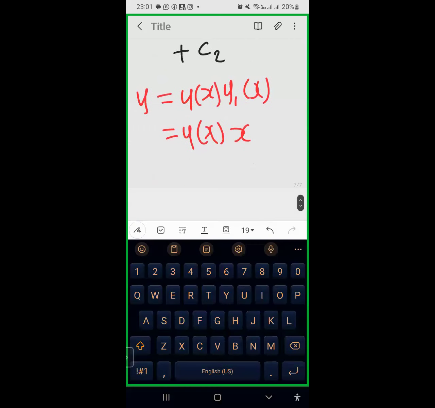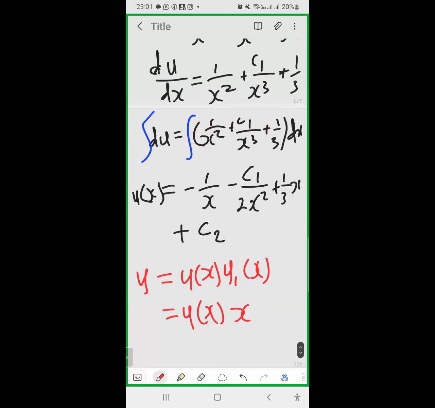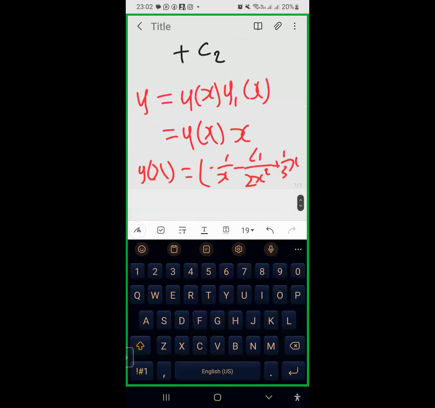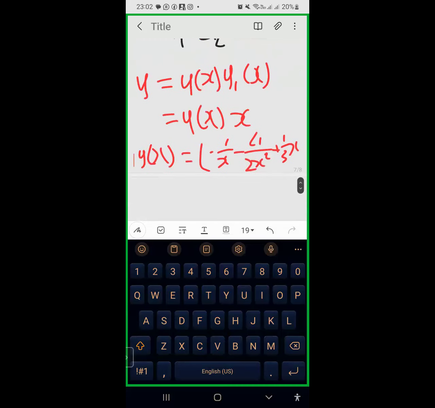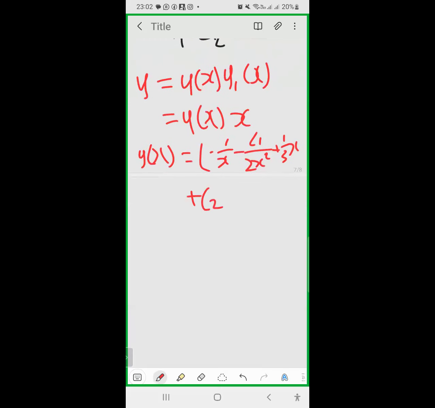Therefore, our general solution y of x is going to be given by minus 1 over x, then minus c1 over 2x squared plus 1 over 3x, then plus c2, and this is multiplied by x.